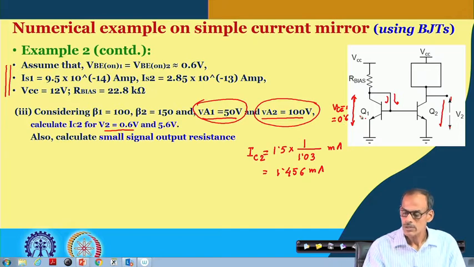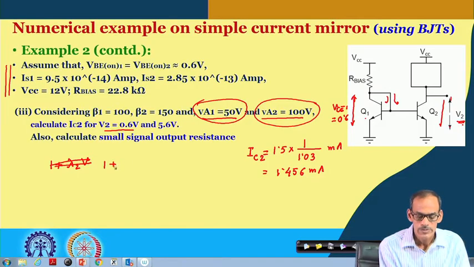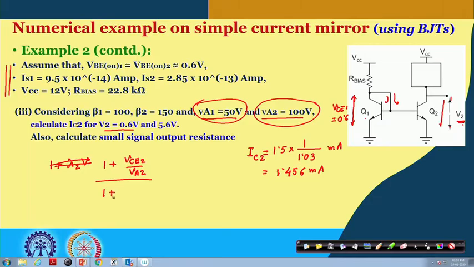Then that non-ideality factor is 1 plus VCE2 divided by VA2, divided by 1 plus VCE1 divided by VA1.